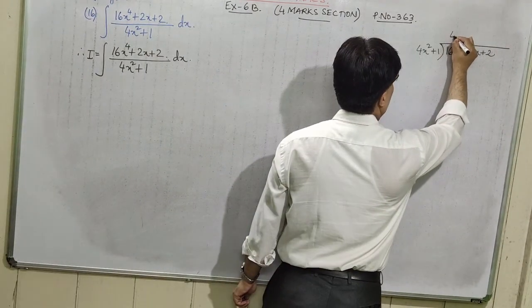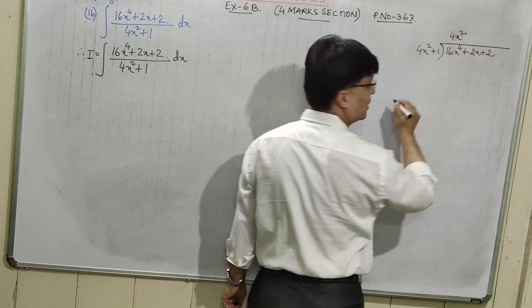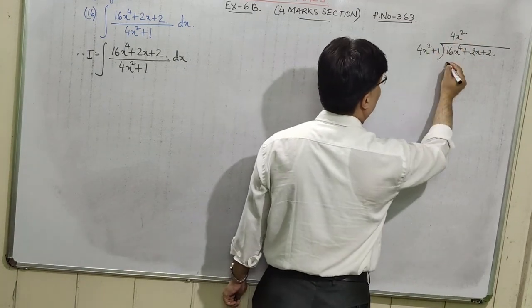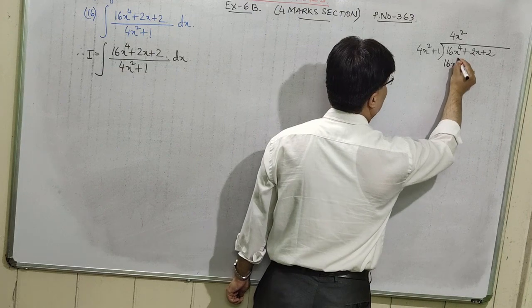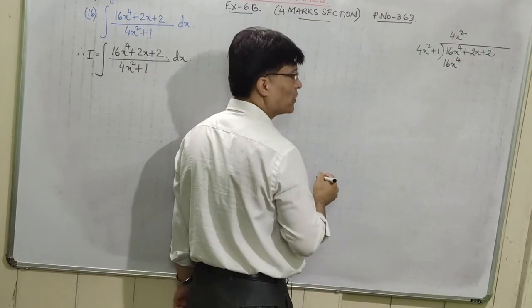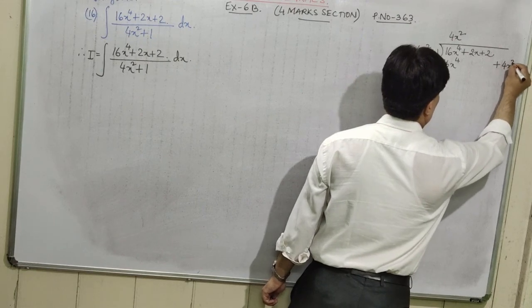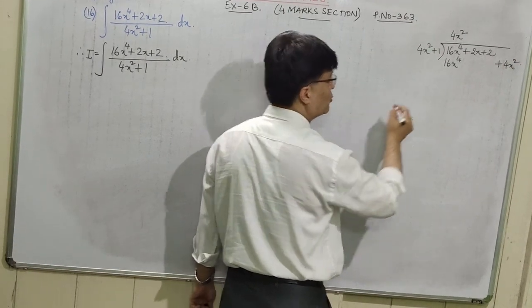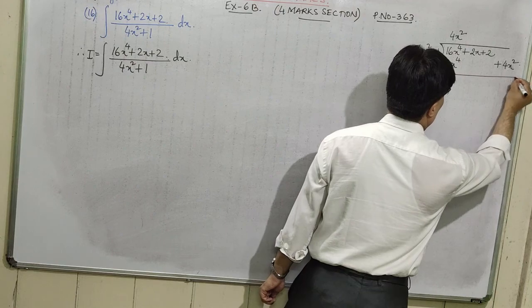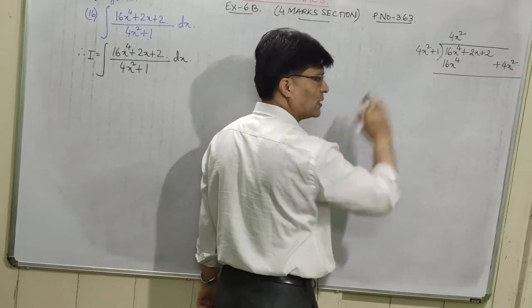So 4x square, isn't it? If you multiply it by 4x square then what do we get? 4 4s are 16, x square into x square, x to the power 4. Then plus 4x square, so let us write it outside. You know how to divide it: 4x square into 1 is 4x square, so let us write it outside.